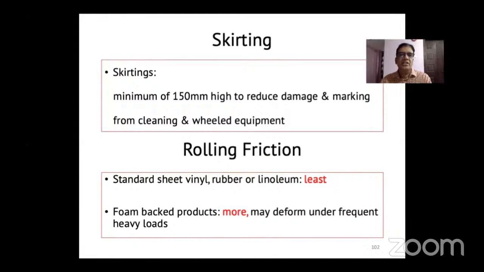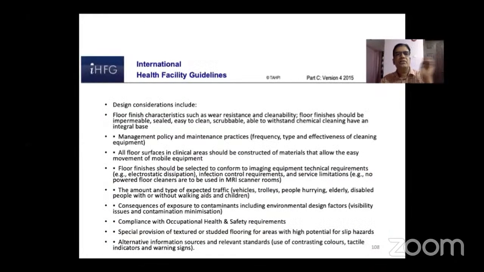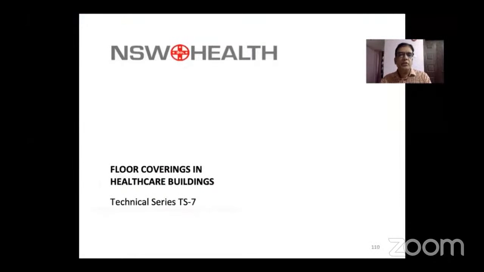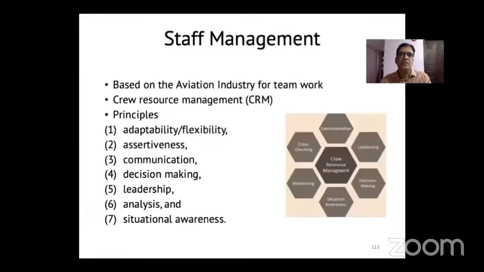In fact, it is said vinyl, rubber, and linoleum provide least rolling friction when something is moved, but others may be more useless. In fact, there are guidelines from the International Health Facility Guidelines group about the flooring also. It is very comprehensive. Even country-specific advice is given. And NSW Health has a very good literature about the floor coverings in healthcare buildings.